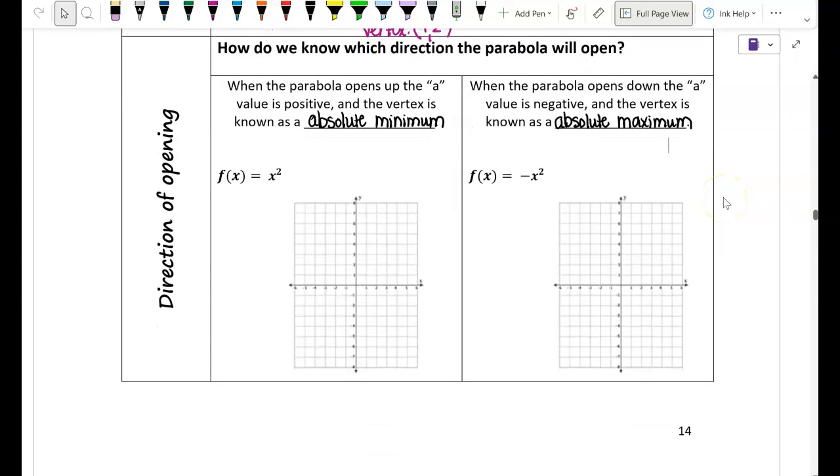So if I'm back to that parent function, f of x equals x squared, really that's the same thing as writing f of x equals 1x squared, which means that our a value is equal to 1, which means it is positive. So I know this parabola opens upward.